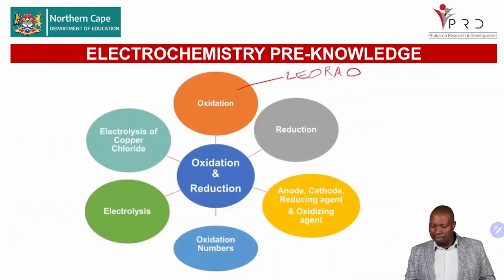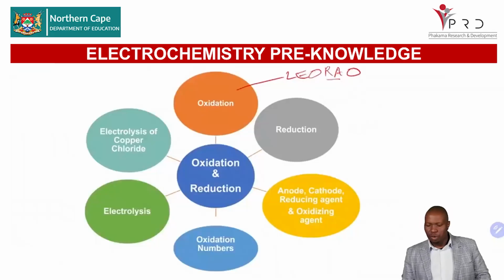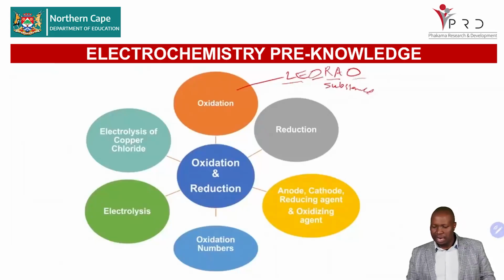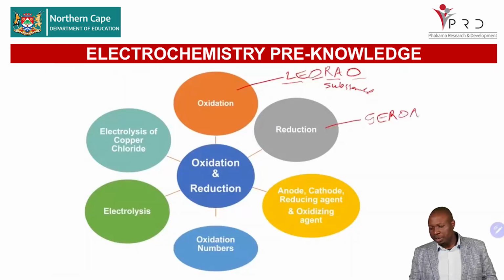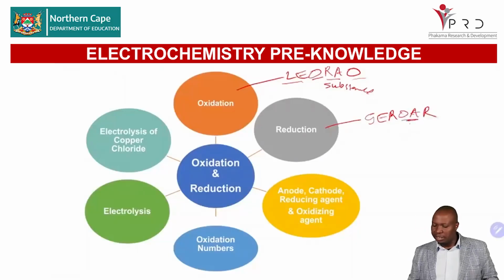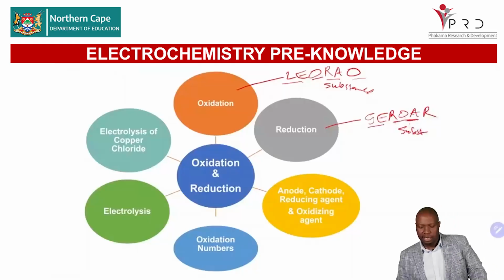So always you are remembering that your reducing agent is a substance that undergoes oxidation, or the substance that loses electrons, and it is oxidized. And then you know reduction is gaining of electrons, and it goes with the oxidizing agent, which is reduced. So you are able to always remember that the oxidizing agent is a substance that undergoes reduction, or a substance that gains electrons.